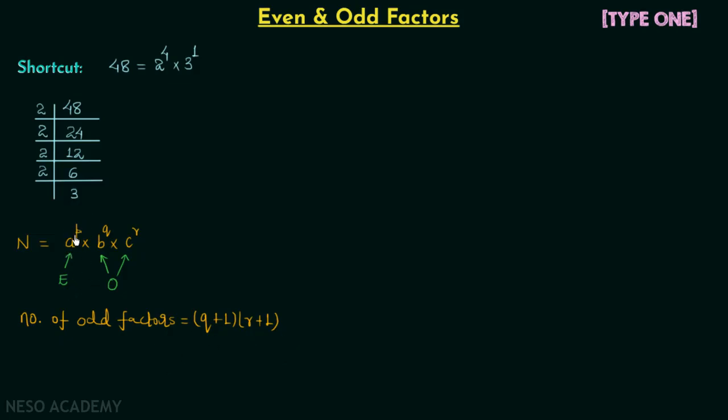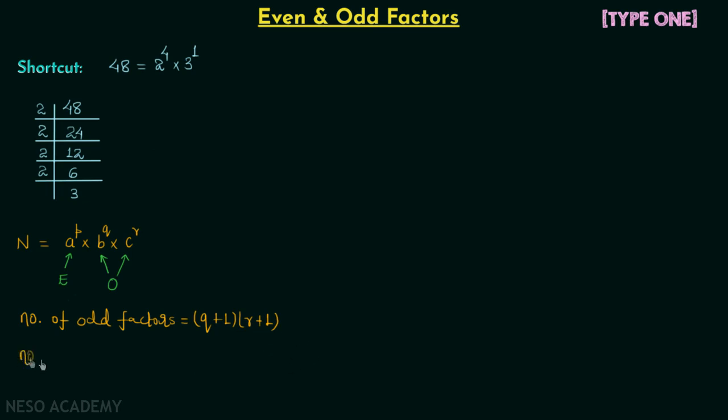The reason is p is the power of the even prime factor, and when we are finding the number of odd factors, we only include the powers of odd prime factors. b and c both are odd prime factors. b has power q, c has power r, so here we have q plus 1 multiplied by r plus 1.